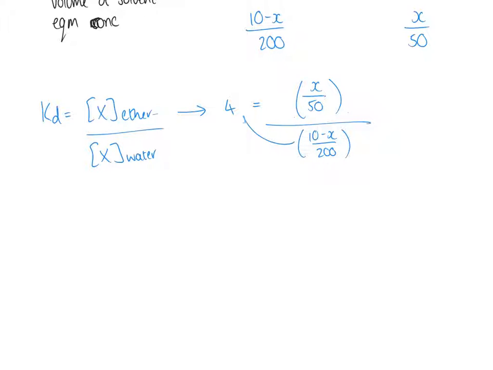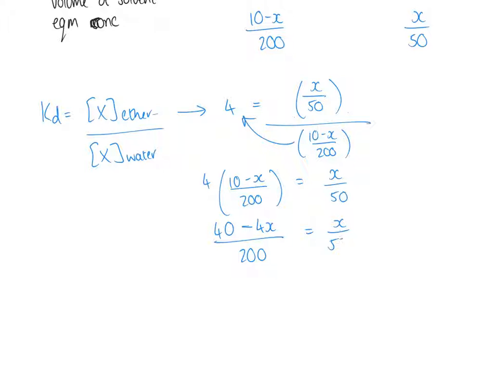Again, as before, I'm just going to bring this to the other side. So that's 4 times 10 minus x over 200 is equal to x over 50. Multiplying out that bracket, I get 40 minus 4x over 200 is equal to x over 50. Again, as before, just going to cross multiply at this stage.